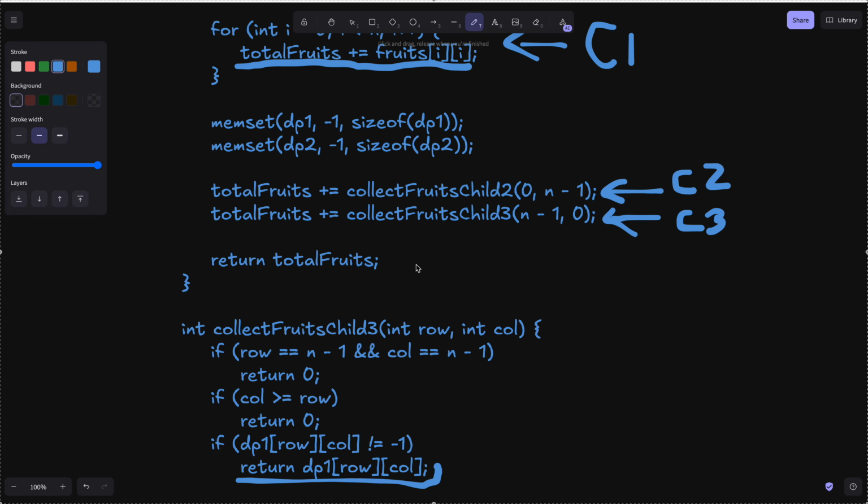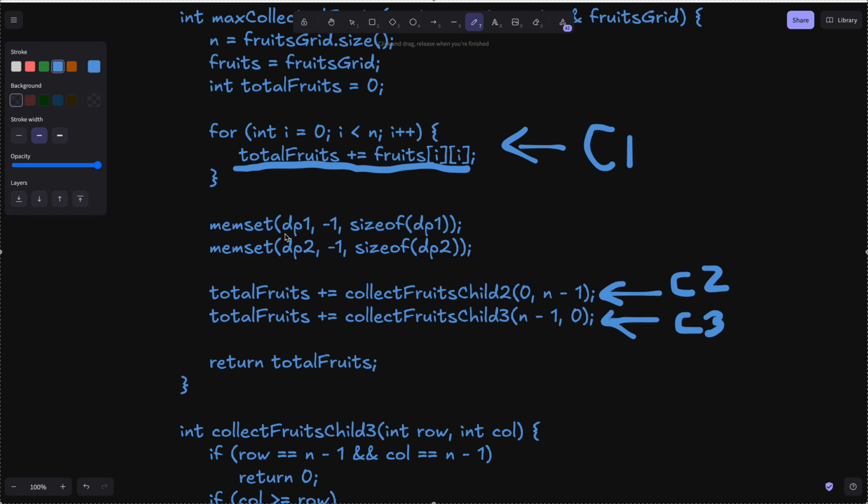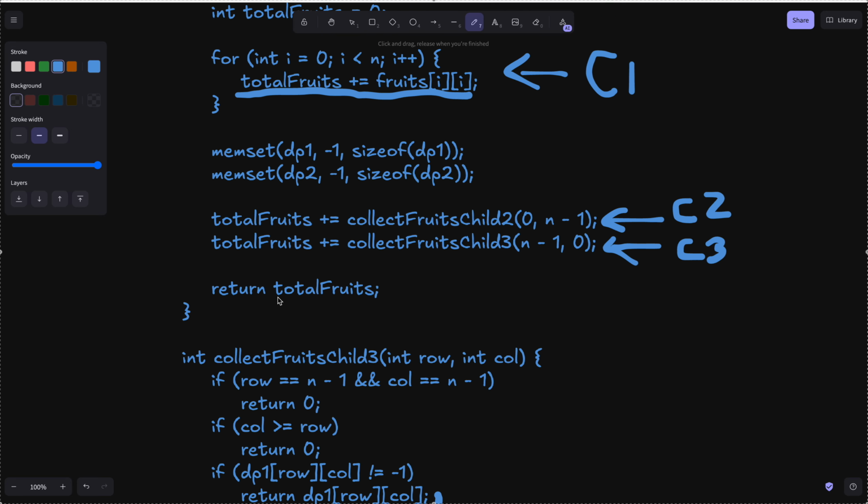So here we have taken two arrays, dp1 and dp2, for child 2 and child 3, and we are storing the values in them. After completing this, we will return the total fruits, which will be our answer.